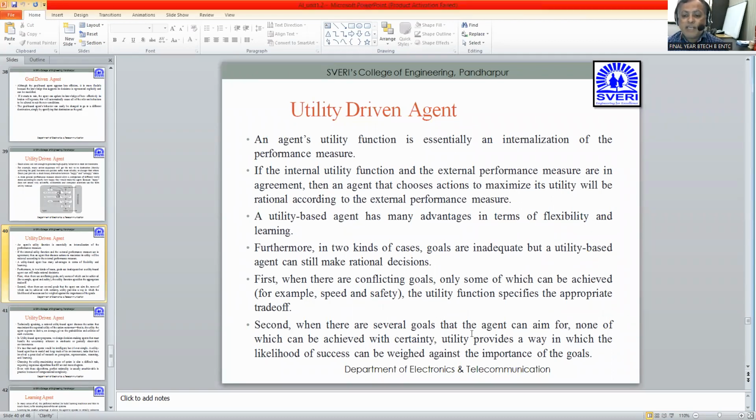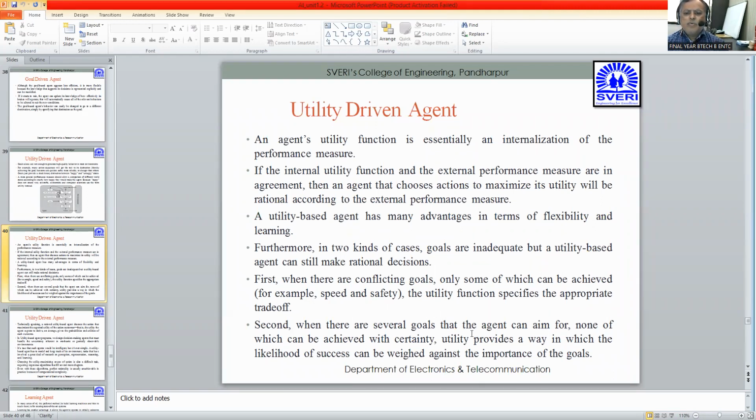So when there are conflicting goals, only some of which can be achieved, then the utility function specifies the appropriate trade-off. यानी कि अगर ड्राइवर मुझे बोलता है कि ये रास्ते से चलते हैं और मैं बोलता हूं नहीं नहीं ये रास्ते से चलना है, तो कहीं तो एक बीच में ट्रेड ऑफ निकालना भी जरूरी है. अदरवाइज क्या हो जाएगा कि गोल पे पहुंचने के लिए उनके बीच में कॉन्फ्लिक्ट होगा. सो कॉन्फ्लिक्टिंग गोल्स नहीं होना चाहिए. उस वक्त यूटिलिटी फंक्शन क्या करेगा कि एक अप्रोप्रिएट ट्रेड ऑफ निकालेगा. Is it right? That is what it says.